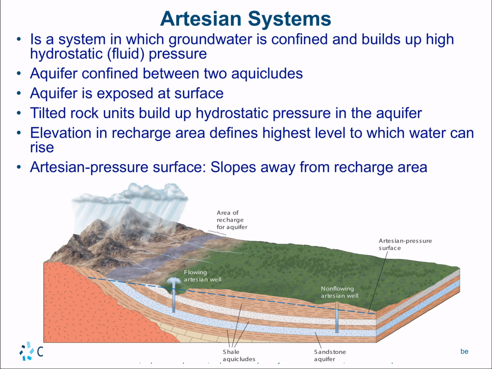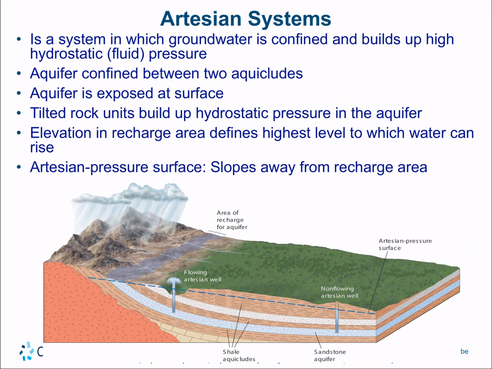The rocks that tilt are going to build up the hydrostatic pressure. And basically, elevation in your recharge area is going to define that highest level that water can rise. The artesian pressure surface always slopes away from the recharge area.